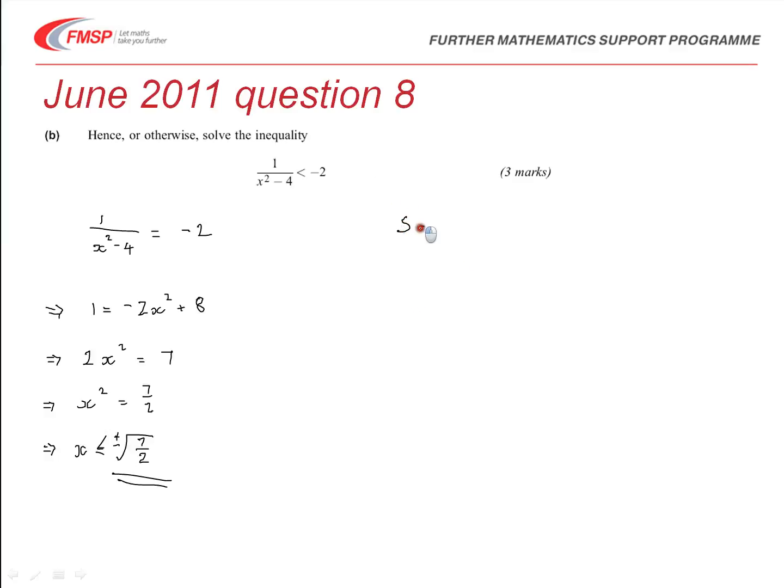So the solution that we're looking for is going to be -2 less than x less than negative root 7 over 2, and the other one will be root 7 over 2 less than x less than 2.